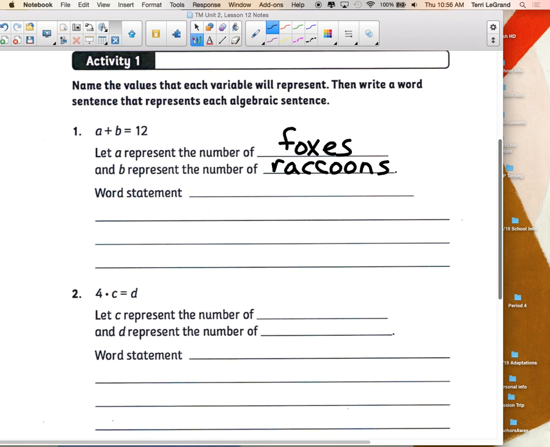Can I let Sam try? Okay, Sam. There are more foxes than raccoons in the field. Well, so if there are more foxes than raccoons in the field, that would be okay, but what else do we have to make sure we include? The 12 has to be in there somehow.